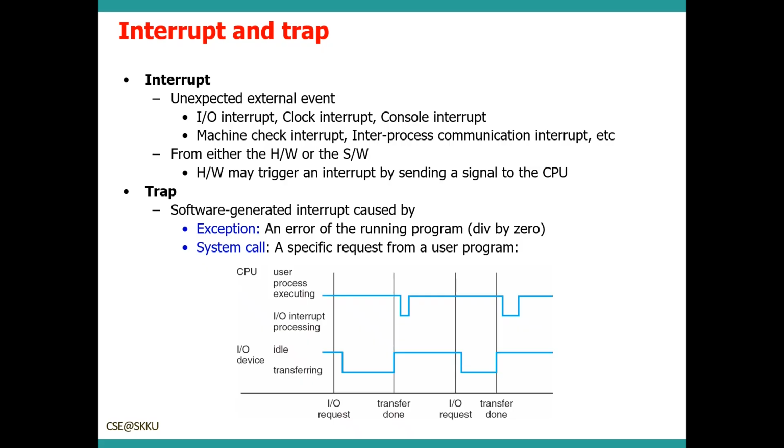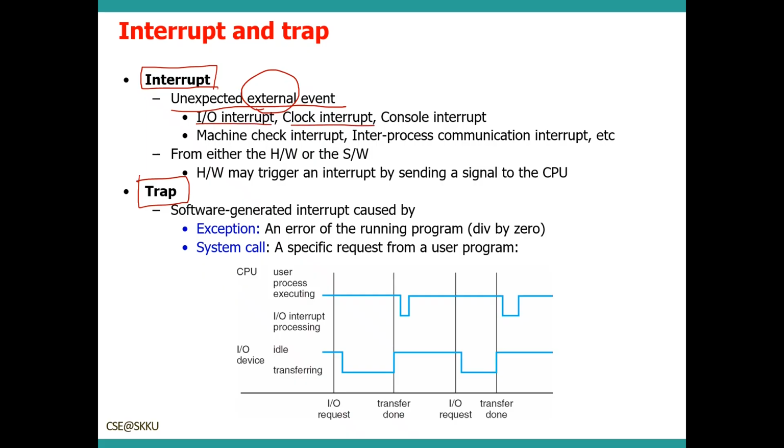In the previous slide, I explained when the system mode can be changed. So let's consider the two different cases that generate the mode change: interrupt and trap. An interrupt is an unexpected external event, for example an I/O interrupt or clock interrupt.